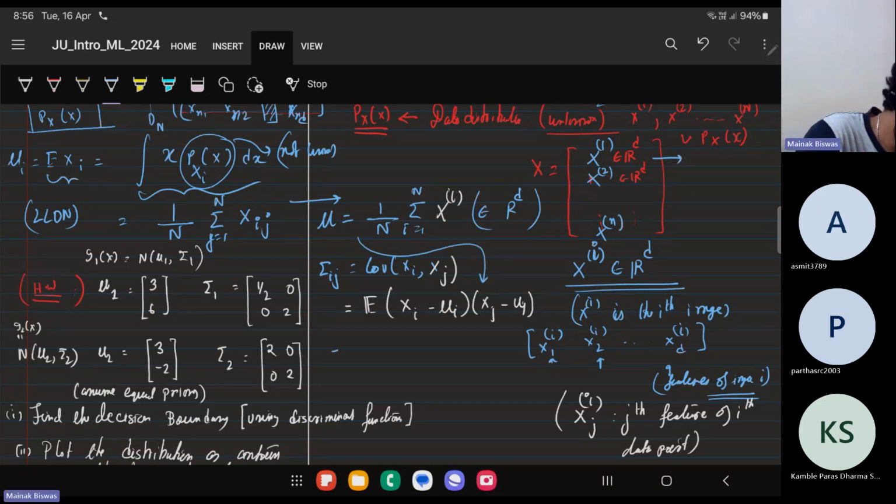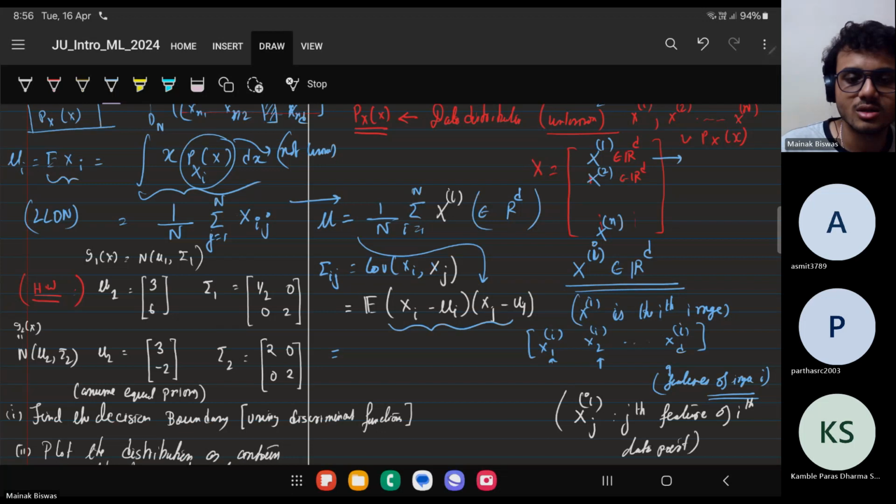So now, I do not know the probability of x comma y, right? Do I know the joint distribution required to calculate this? For the same reason, I do not know p of x.